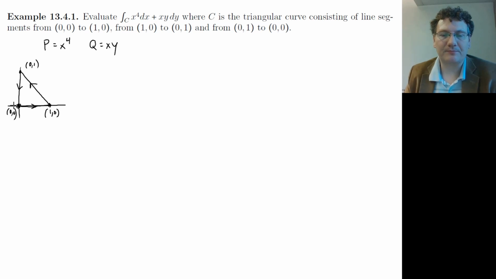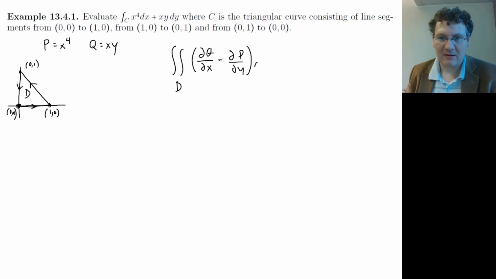Now, what this says is this line integral is equal to the double integral over the region D of the partial of Q with respect to x minus the partial of P with respect to y dA.